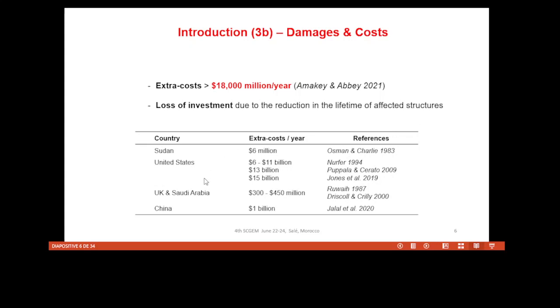And in the table, we can see that depending on the country, the extra cost per year varies in a wide range. For example, Sudan, 6 million US dollars. United States, depending on 3 authors, this cost is very high, so it can vary from 6 billion to 15 billion US dollars.